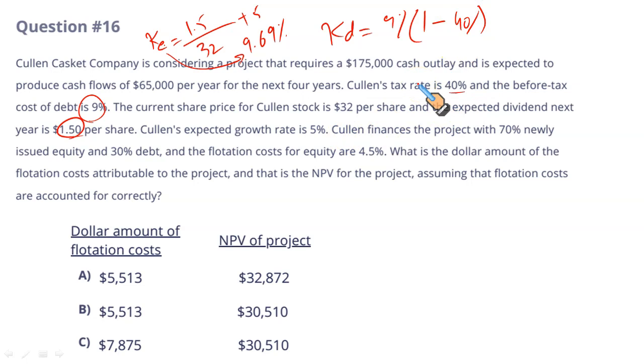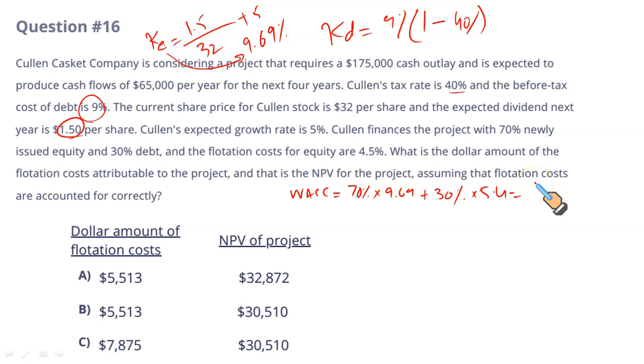Now you can directly embed the numbers in your weighted average cost of capital, and that would be the basis to calculate your NPV. So we know the weighted average cost of capital in this case is: we have 70% equity at the rate of 9.69 and the remaining 30% of debt, which is equal to 9 times 0.6, 5.4.